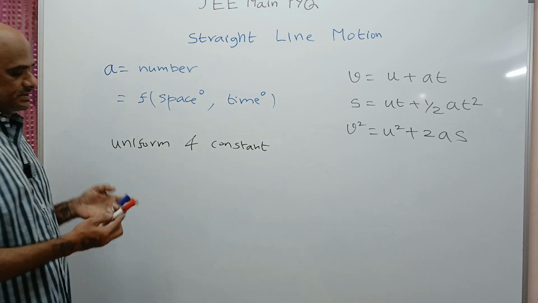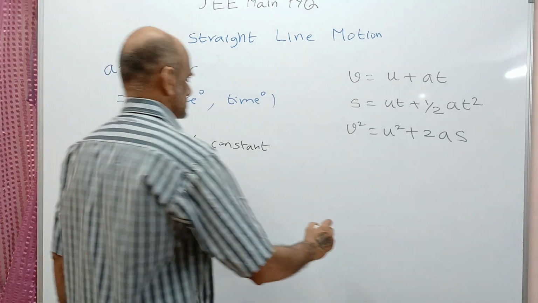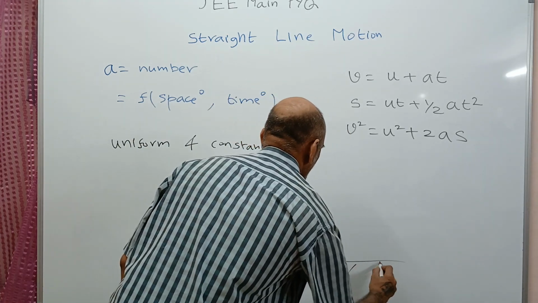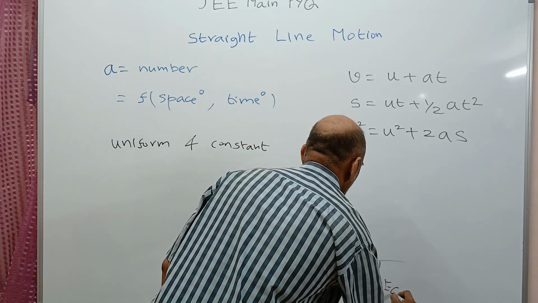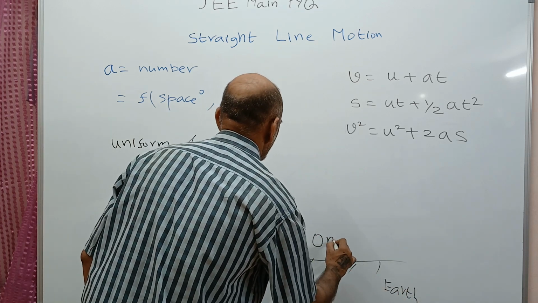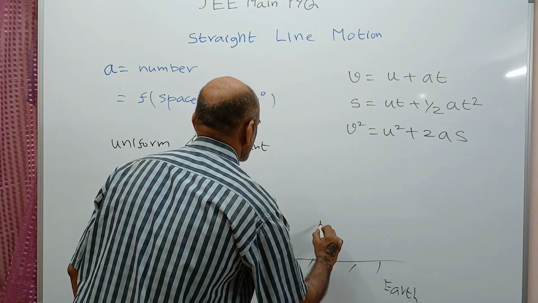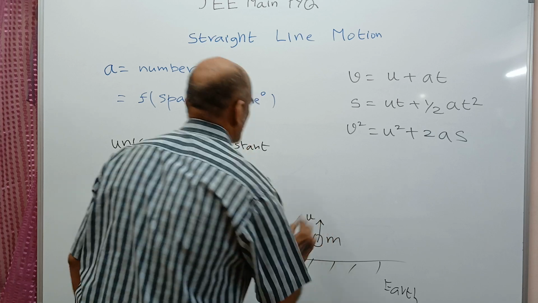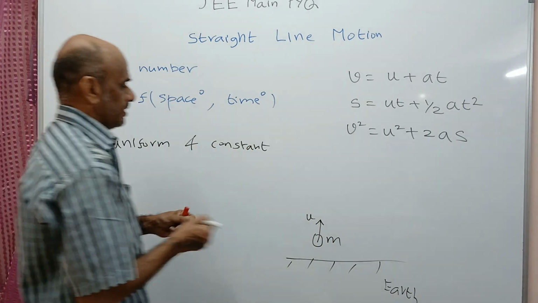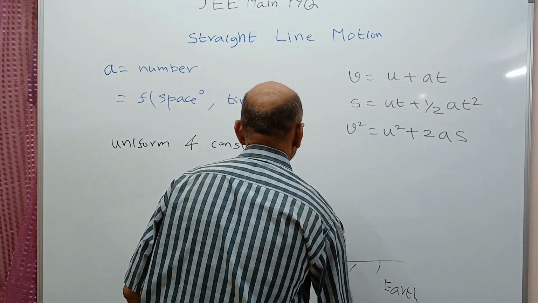If you consider the motion of a body which is thrown from the Earth's surface, I have a mass m here, which I give an initial velocity, say u. So this mass will go up like this.